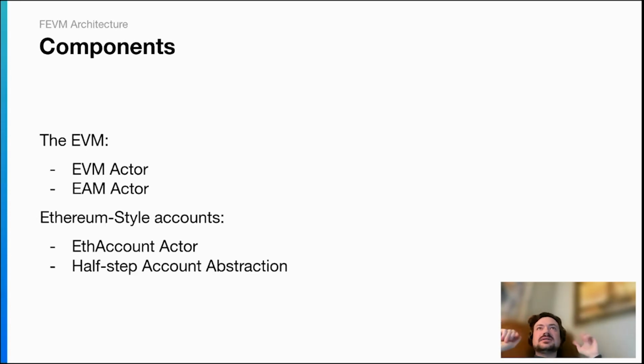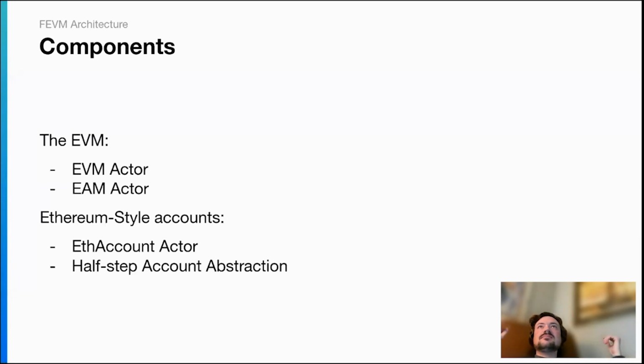The EAM is, as I said before, just the address manager for EVM actors, and it's the actor that assigns addresses to these EVM actors to ensure they get a proper Ethereum-style address. The Ethereum-style accounts are how we interface with things like MetaMask.